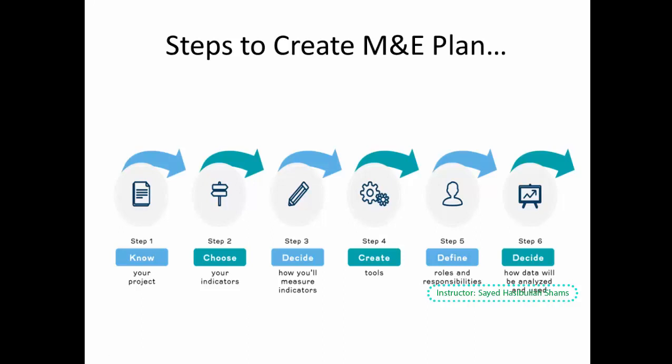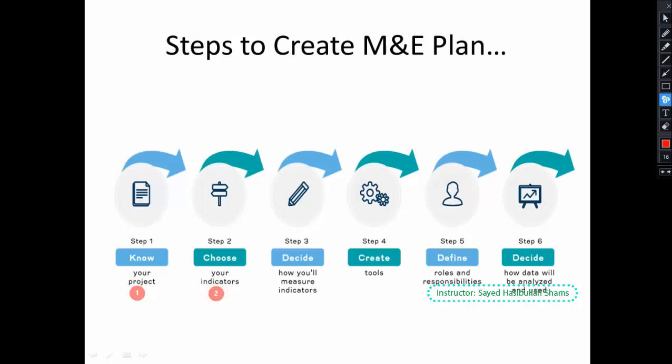To create an M&E plan, we must do these steps. According to these steps, we can create an M&E plan. The first step is to know our project. Second one is to choose our indicators.